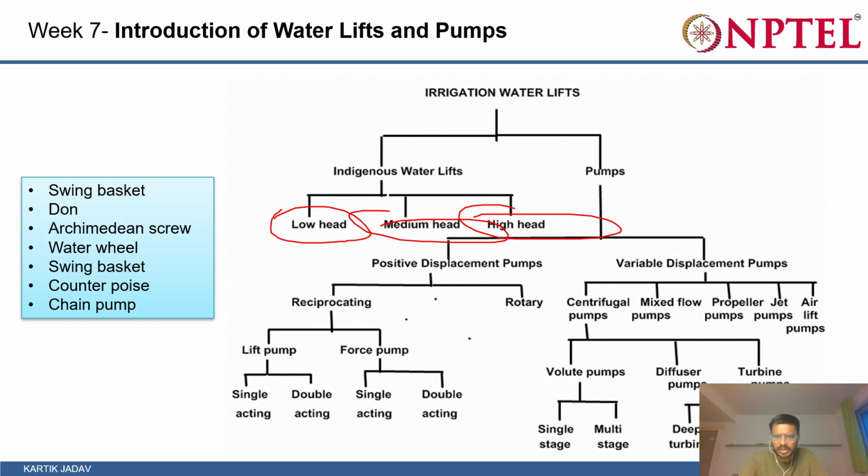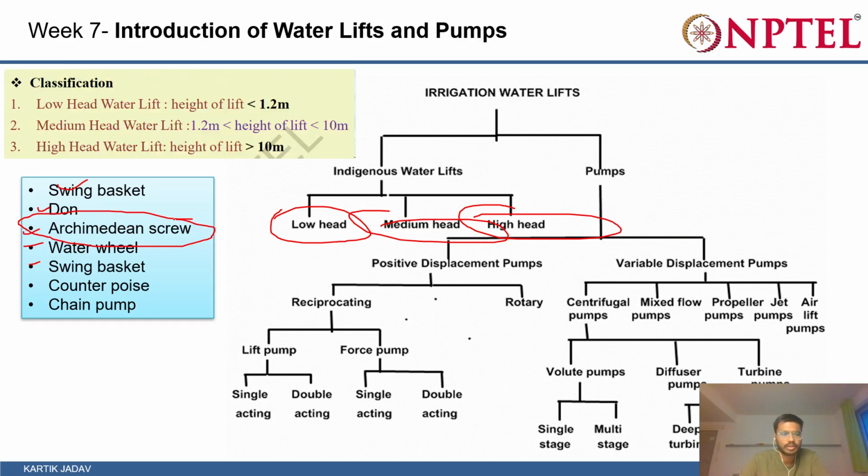In indigenous water lifts, there are various kinds of methods and instruments available, which were generally used in ancient times. The most common examples are the swing basket, Archimedean screw, water wheel, chain pump, etc. Among these, the Archimedean screw is a very famous one, as it is the most efficient.